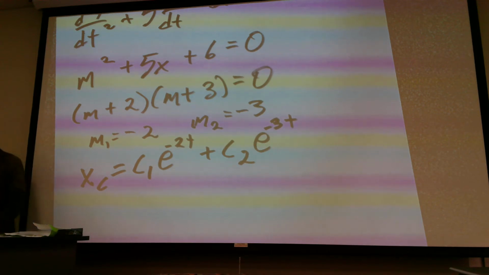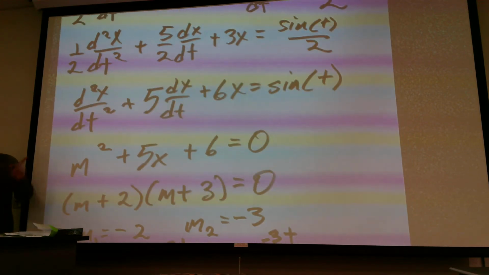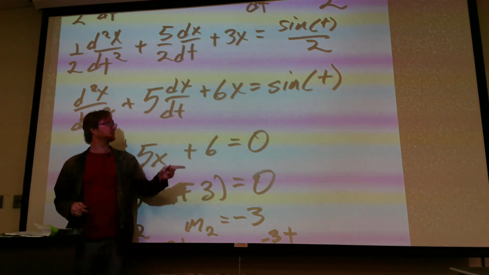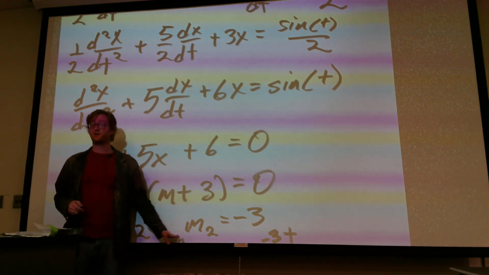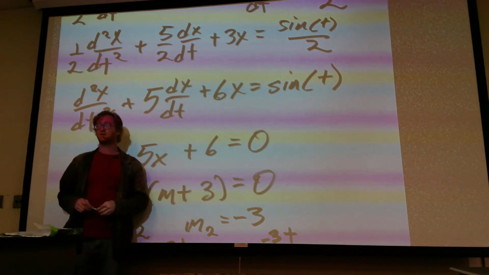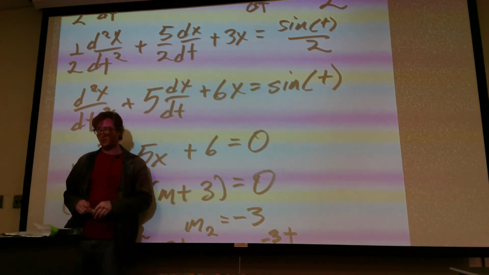So that's our complementary solution. Great. Now we need to find the particular solution. So we're thinking about this problem right here. When I look at the right-hand side of this problem, because it's not part of the complementary solution, that's a good sign that the method of undetermined coefficients is going to work.